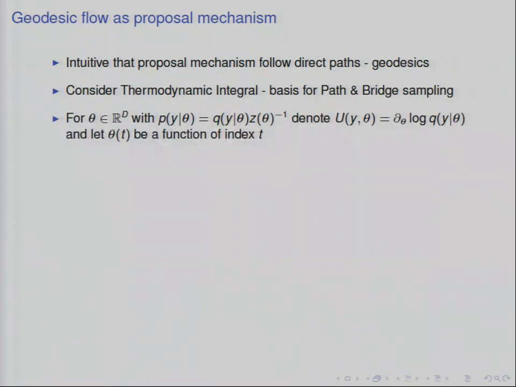Let's look at a one-dimensional example. Let's say that for our parameters theta, we put a prior here at some value. And let's say that we then compute the likelihood, and the likelihood is kind of well behaved.